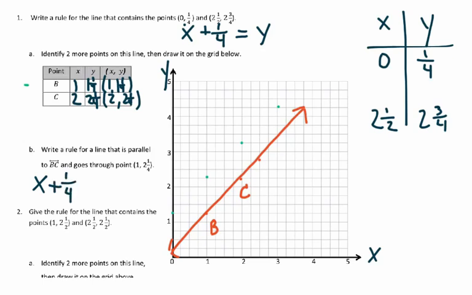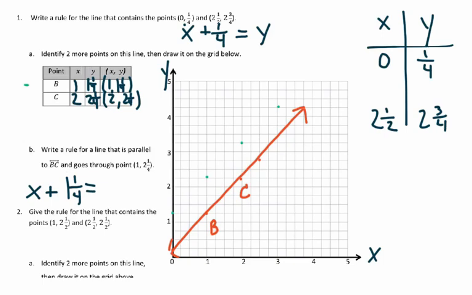And just by looking at my numbers, I know that my new rule is adding a whole number 1. So I can rewrite that as x plus 1 1/4. So I plotted some points already.